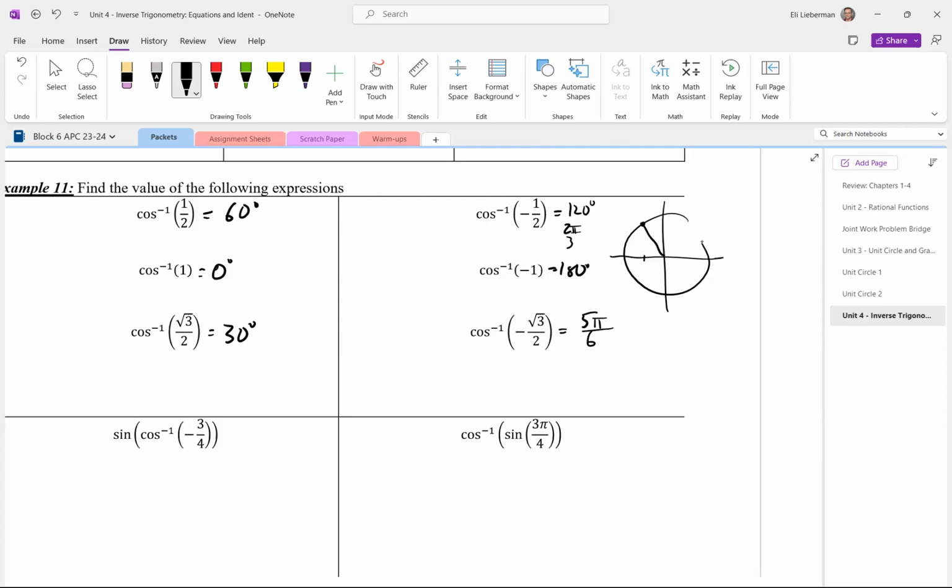Anything else? Sine inverse, what's the number? I'd be thinking about which quadrants sine inverse uses: first and fourth. Be careful about that fourth quadrant. Back up into it, don't go all the way around into it. And for cosine, I want you to think first and second.